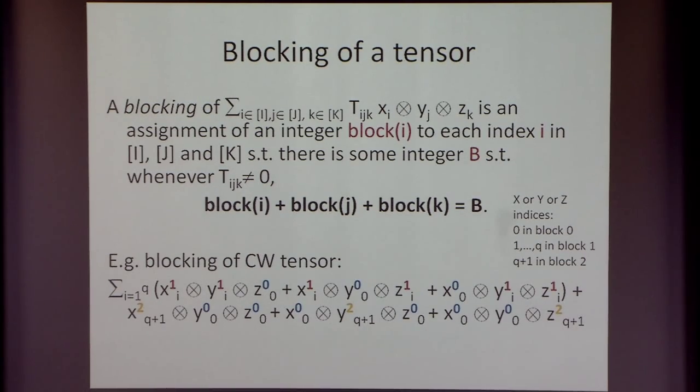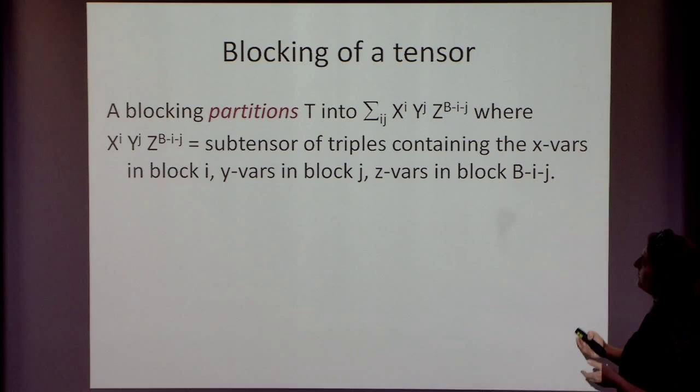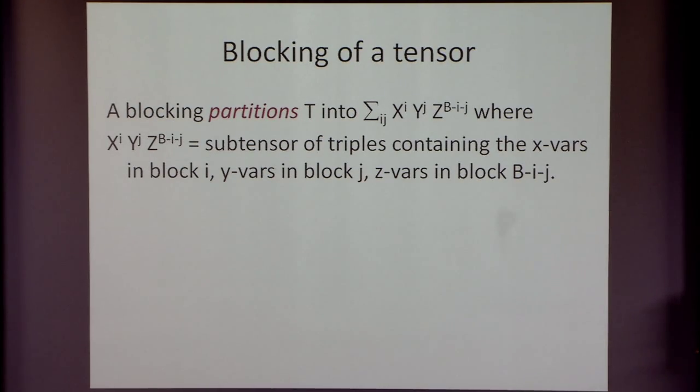And you can devise such blockings for many things. Okay, so why do we care? Why do we want to do this? Well, a blocking partitions a tensor into a sum of smaller tensors. And these smaller tensors maybe are easier to understand.